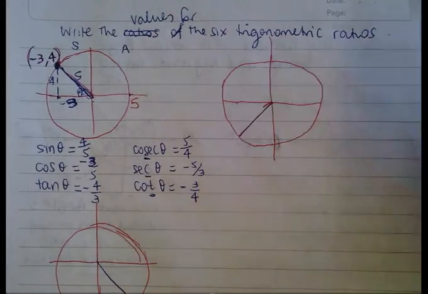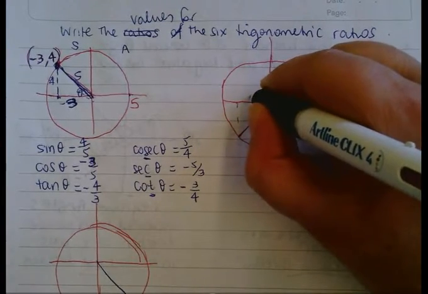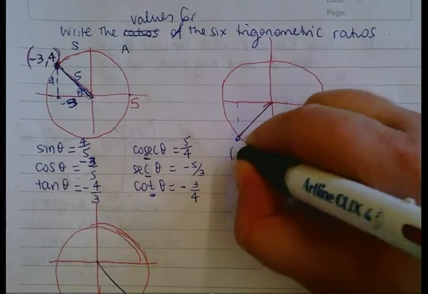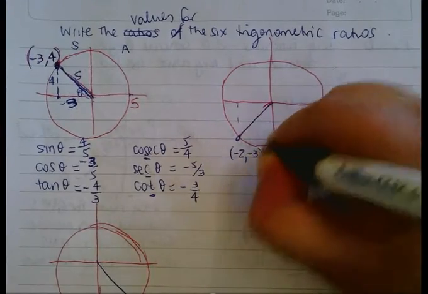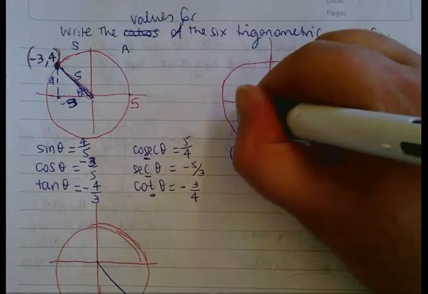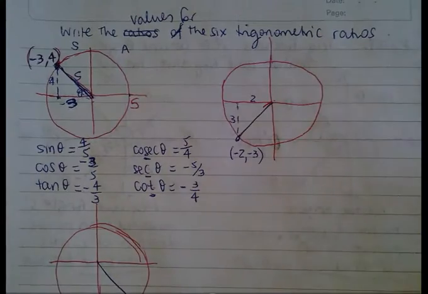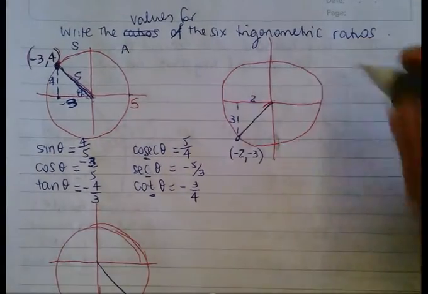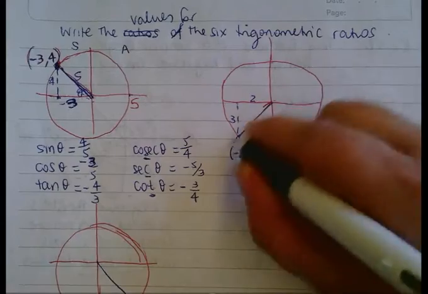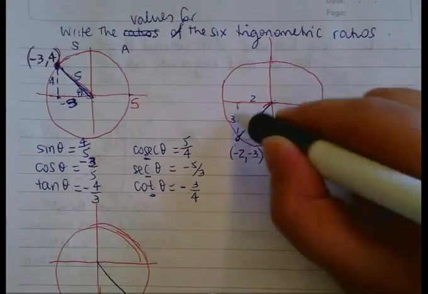All right, over here, let's say we've got -2 and -3. Now I need to work out what if this distance here is 2 and this distance here is 3, but I know they're both negatives. Do you know what I mean? We're going across to -2 and -3. Can someone tell me what the hypotenuse is? 2 squared is 4, 3 squared is 9. What is it?